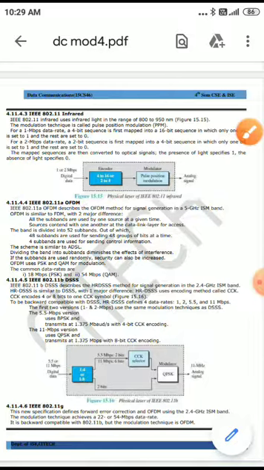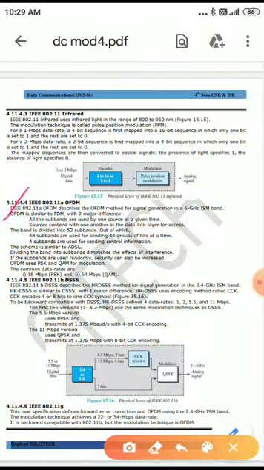Okay, next, OFDM is similar to FDM, which is frequency division multiplexing, with two major changes. What are the two changes?